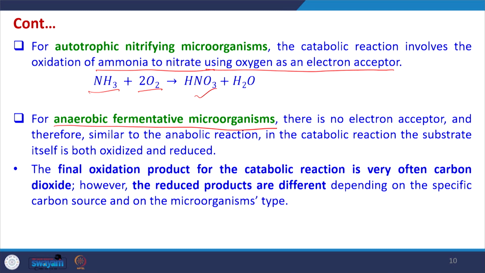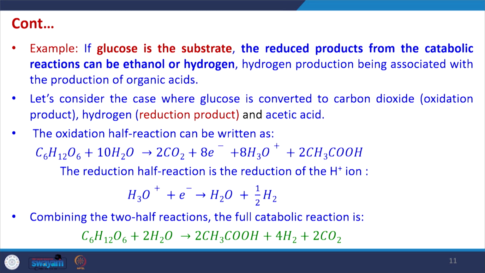The final oxidation product for the catabolic reaction is very often carbon dioxide, and the reduced products are different depending upon the carbon source and the microorganism type. So, if we take glucose as the substrate, the reduced product from the catabolic reactions will be ethanol or hydrogen, the hydrogen production being associated with production of organic acid.